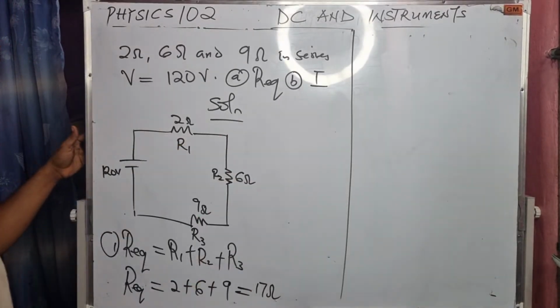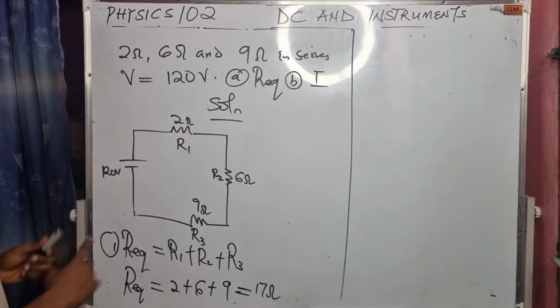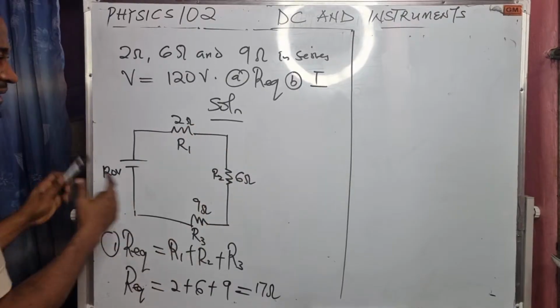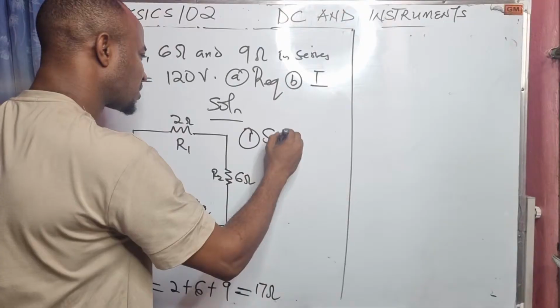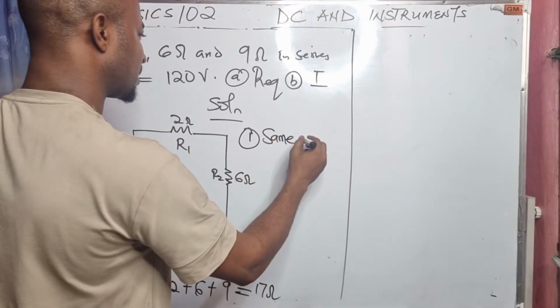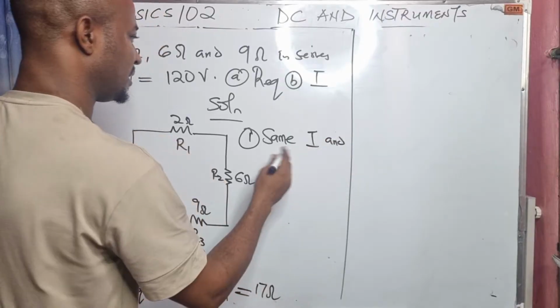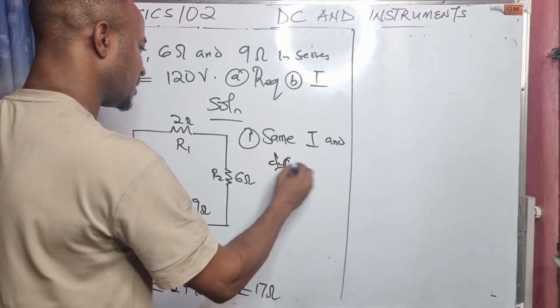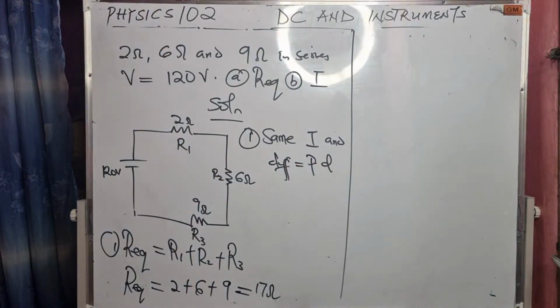The next is to find the current that flows through the resistor. Don't forget that when resistors are connected in series, they have the same current, right? And they have different voltage.